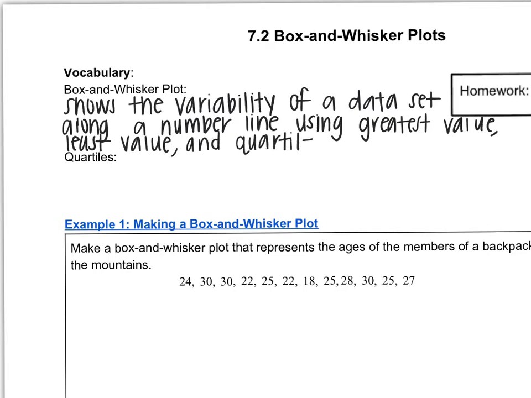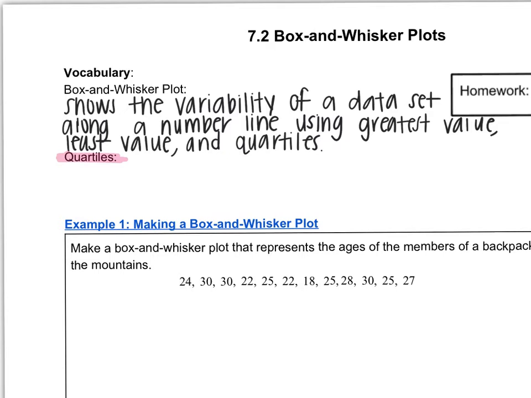So let's talk about what that last word means, quartiles. And that's actually our next vocab word. What is a quartile? What does it mean for us, and how are we going to use it to do a box and whisker plot? So let's write the definition of quartile, and then we're going to actually draw a little picture. So write the definition right here, maybe a little bit smaller, and then we're going to draw the picture over here. So the definition of a quartile, I'm thinking about what the word quartile means.